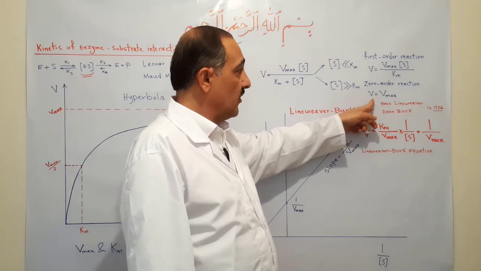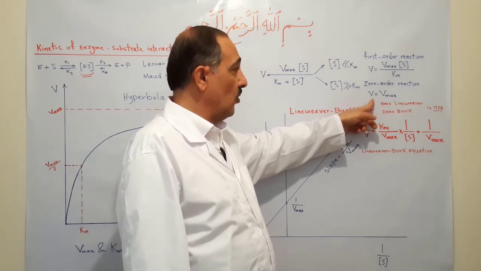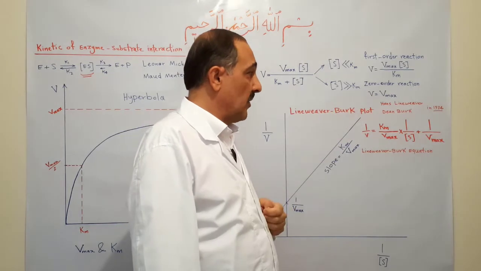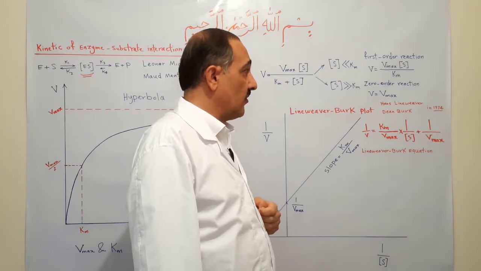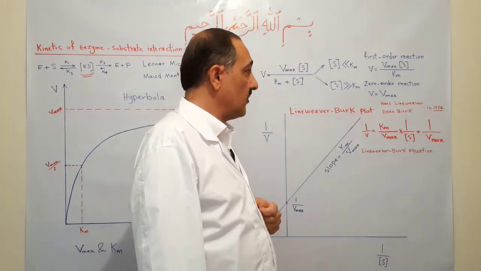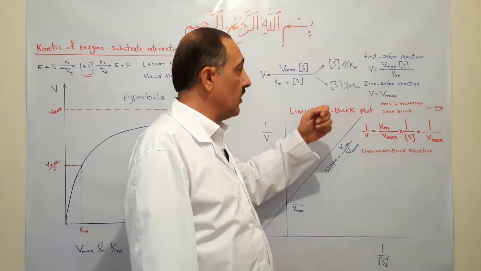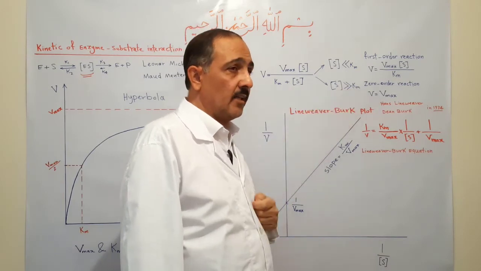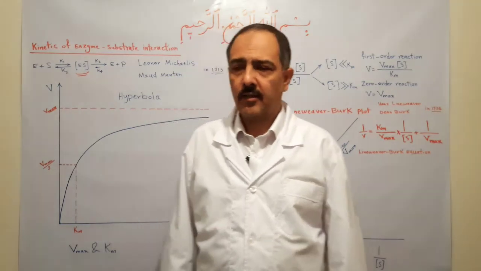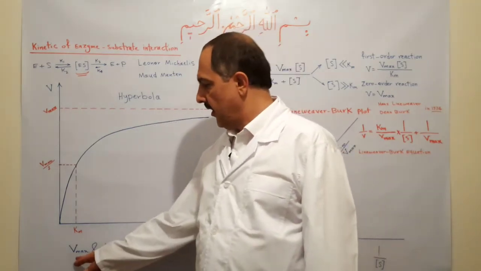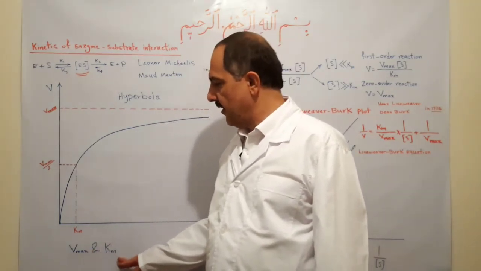It means that rate of enzymatic reaction only depends on maximum rate of that reaction and is independent of substrate concentration. In this condition, the enzymatic reaction follows zero order kinetic. Kinetic behavior of enzymes is defined by Vmax and Km values.